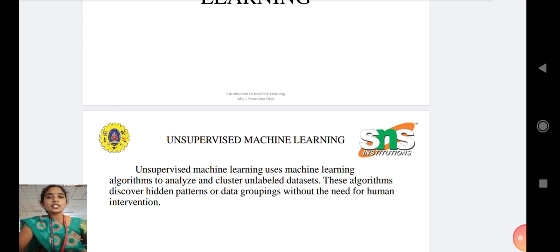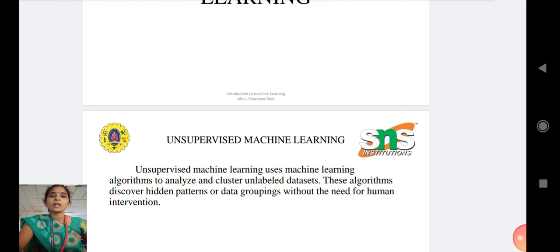Supervised machine learning fully relies on labeled data inputs and the training data output, that is the historical data where we get the input and the corresponding output. But an unsupervised machine learning algorithm processes only unlabeled data sets, that is raw data. These data are used only for clustering.